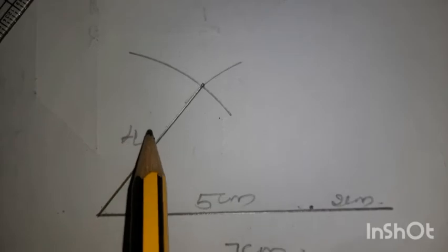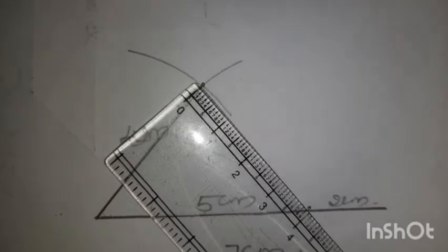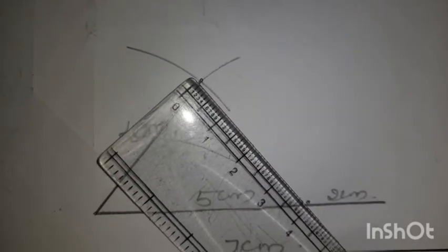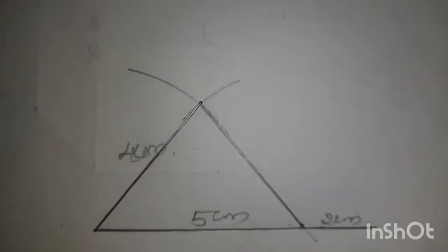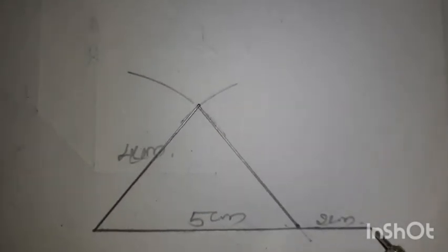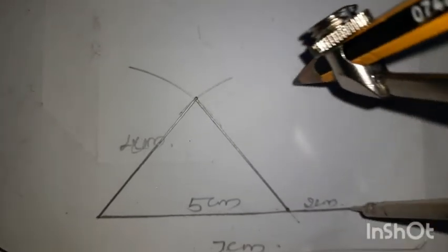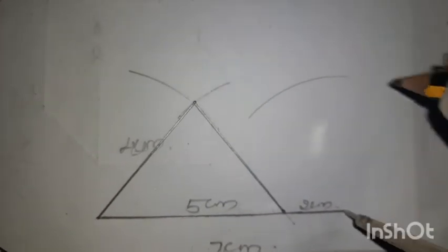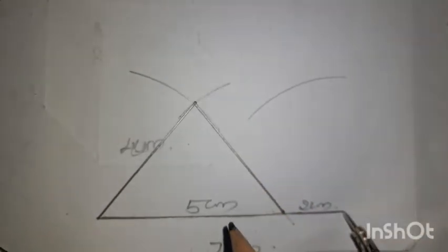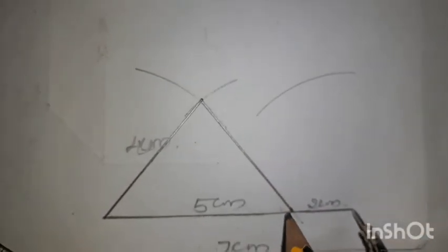So this is 4 centimeter. Then again you have to draw the next line, the next side of the triangle, that also 4 centimeter. Then next, from the end of this 7 centimeter line, draw another arc and take 2 centimeter in your compass.